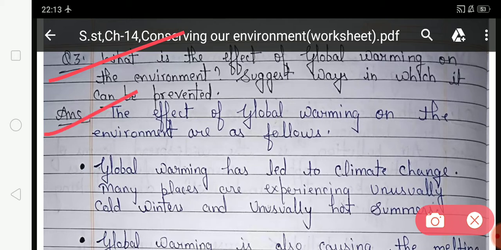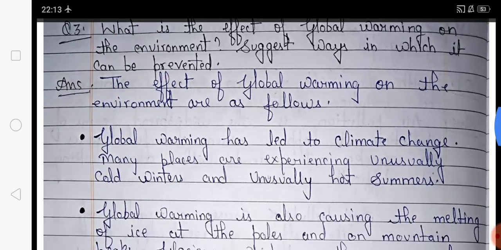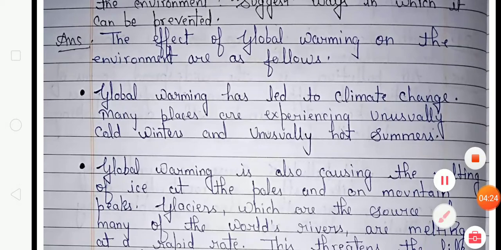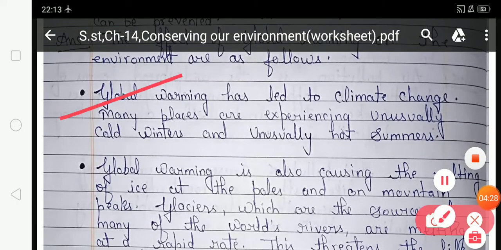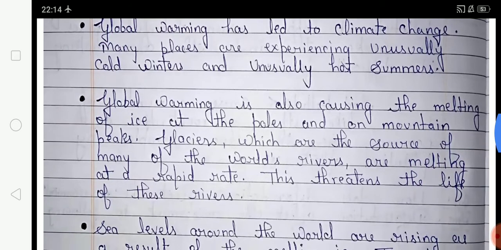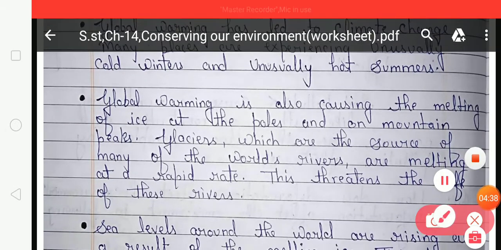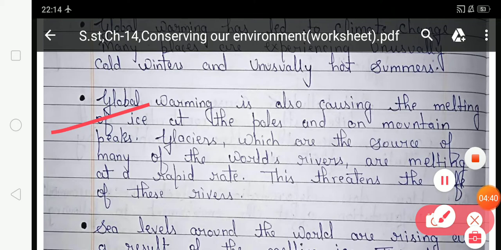Your answer is, the effects of global warming on the environment are as follows. First one is, global warming has led to climate change. Many places are experiencing unusually cold winters and unusually hot summers. Now look at the second. Global warming is also causing the melting of ice at the poles and on mountain peaks.